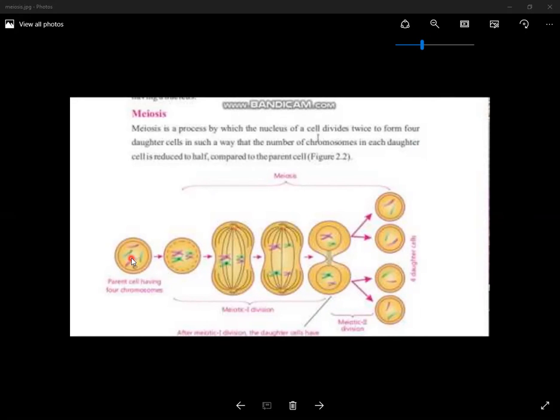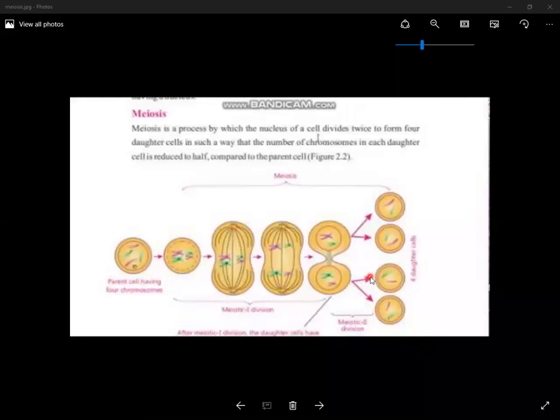In the parent cell there are 4 chromosomes, but in each daughter cell there are 2 chromosomes. In this way, a single cell produces 4 cells, and again each of those can produce more cells. In this way the number of cells increases, and our growth and organs increase day by day.